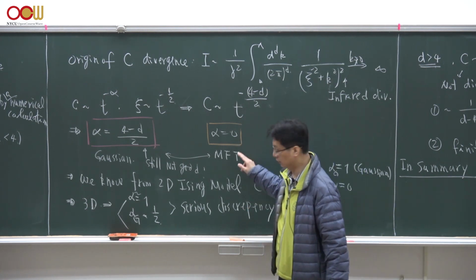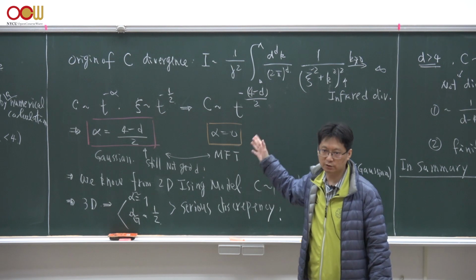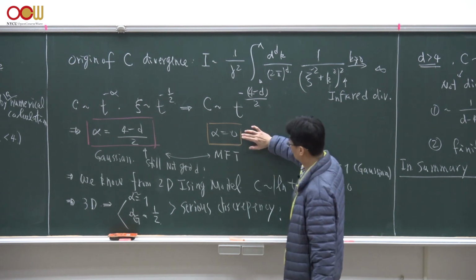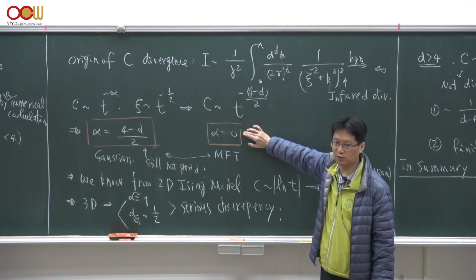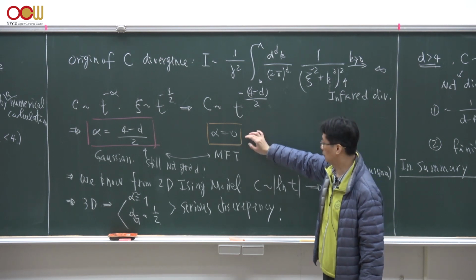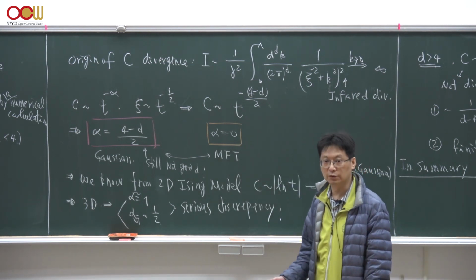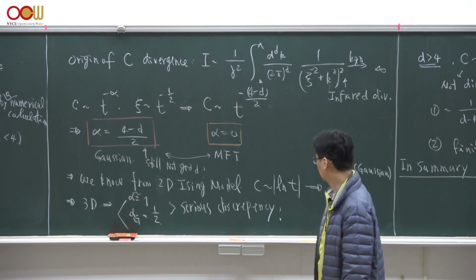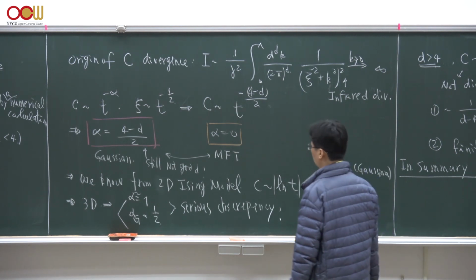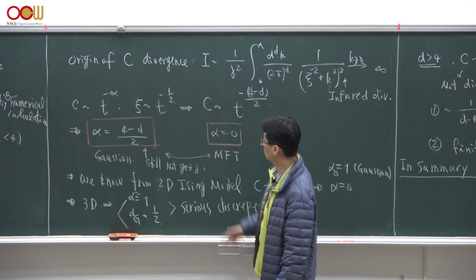Okay, so this is the Gaussian predicted specific heat divergence exponent, and this is different from this 0 of alpha within the mean field theory. We didn't derive this 0 of alpha within Landau's mean field theory, but you could easily derive such a result based on Landau's mean field theory of a free energy functional, and then you can compare these two.